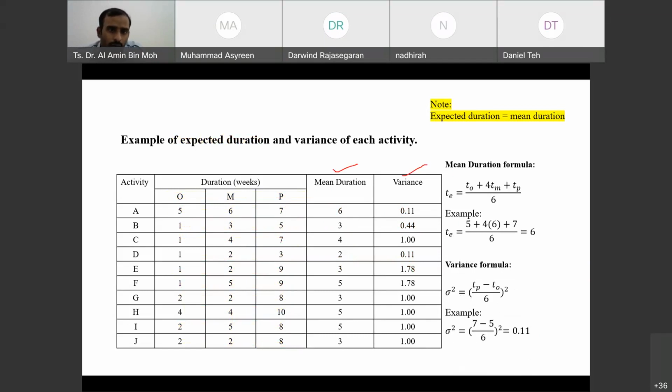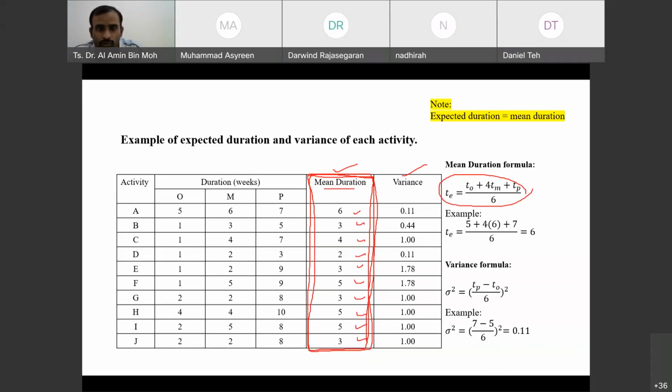When we are done with this, this is the information that we are going to use to draw our network diagram. Did you get it? You need to get the mean duration using this formula, and this would be the expected time completion for each activity that you are going to use to draw the network diagram.